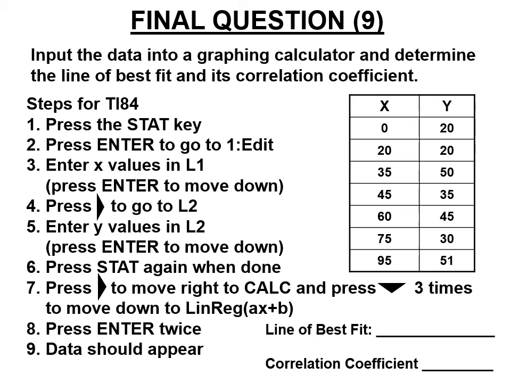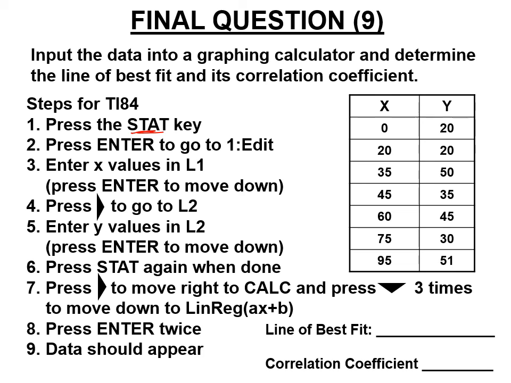All right, so if you have a TI-84 calculator, this is how to do a line of best fit. So if you have one, you can get it out. You press the stat key, then press enter after you press the stat key and go to number 1, edit.